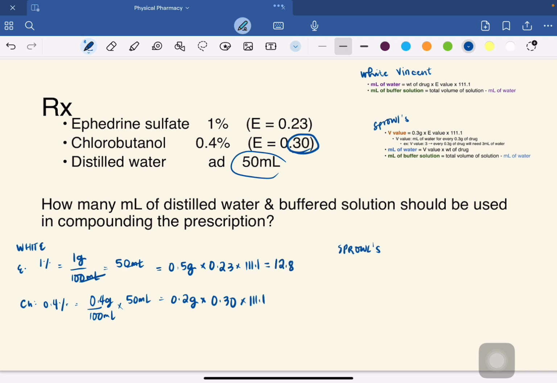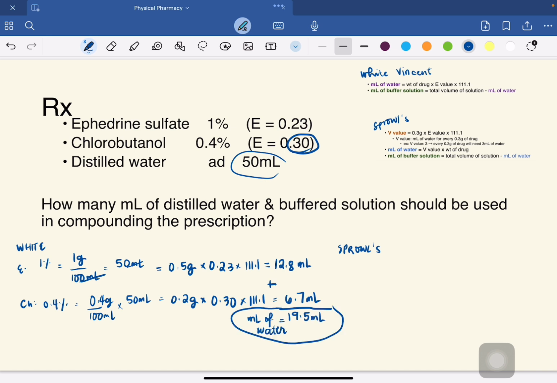Tapos, 0.2 grams times 0.3 times 111.1 is 6.7. So these are the respective volumes of water needed. So what we're going to do is we're going to add the two volumes. So 12.8 plus 6.7 is 19.5 ml. So this is now the volume of water needed.